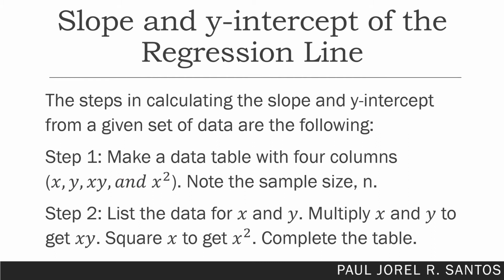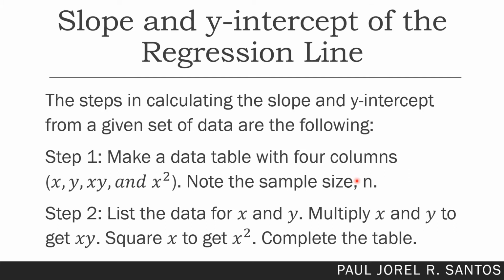This slide will tell us how to calculate the slope and y-intercept from a given set of data, and I will tell it step by step. The first step is to make a data table with 4 columns.